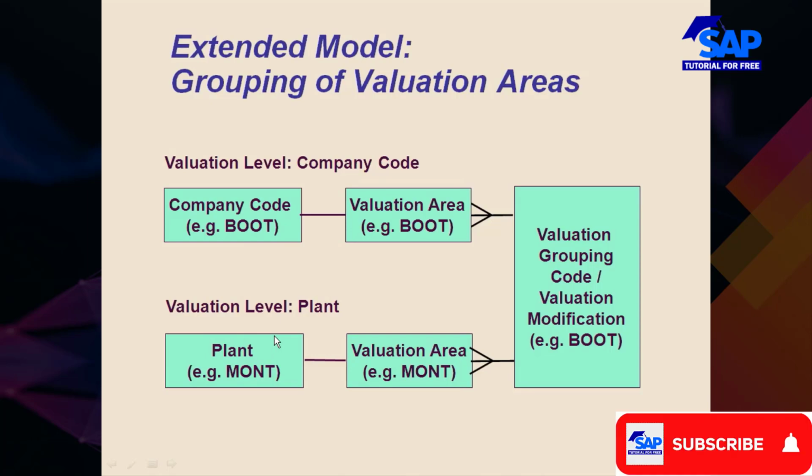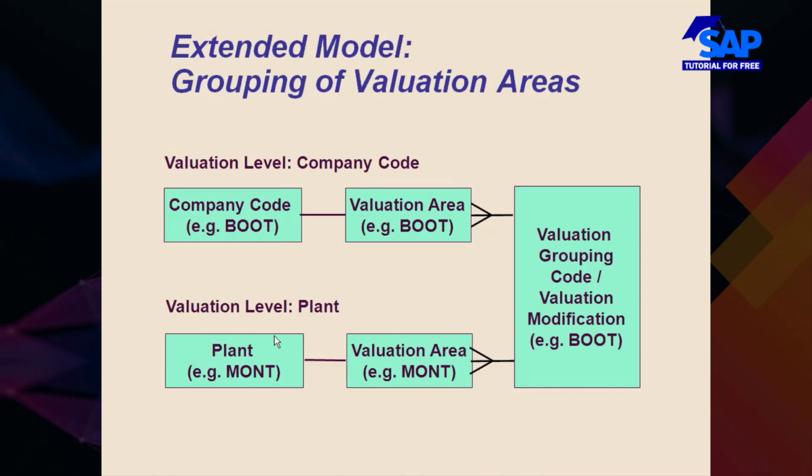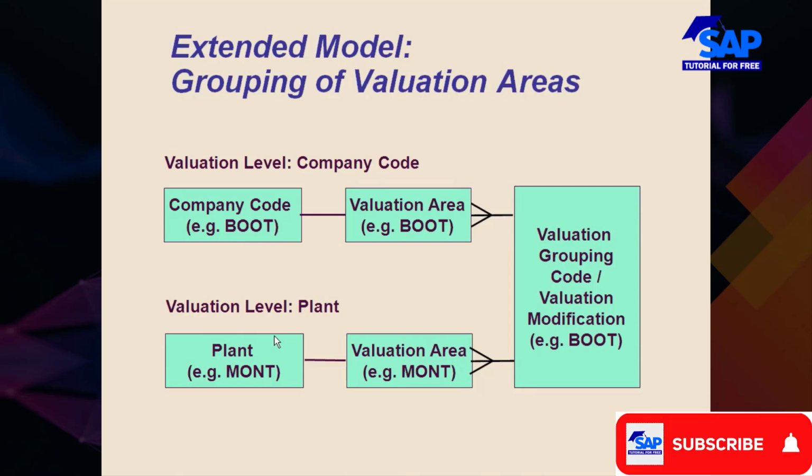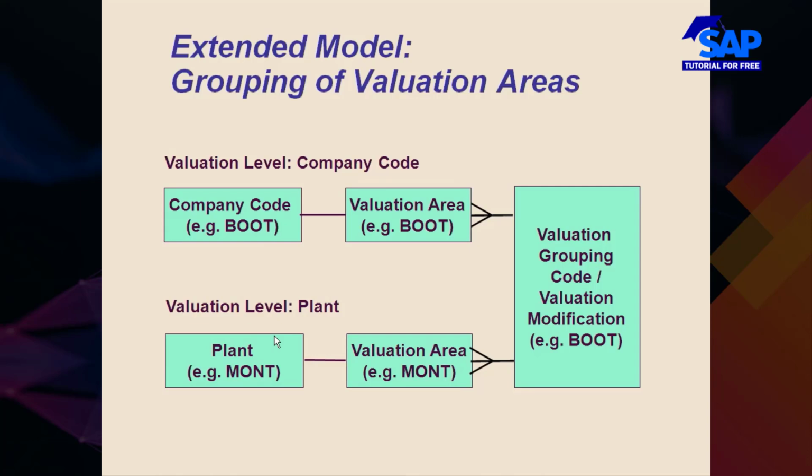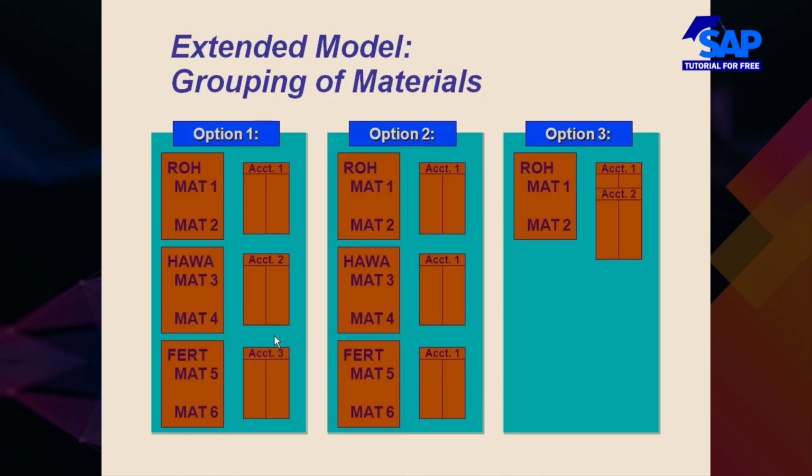Either way, though you might have multiple plants or multiple company codes, when you do goods receipt or goods issue, the same accounts will get updated irrespective of the plants in which they are received or issued. For that purpose, we use valuation grouping code.